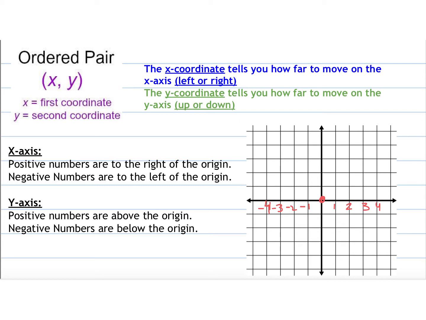Positive numbers are going to be above the origin, so 1, 2, 3, 4, and so on. Negatives are going to be down below, -1, -2, -3, -4. And again, the origin is (0, 0), so the x and the y value are both 0 at the origin. So the coordinate plane kind of goes along with a number line, thinking about right, left, up, down, things like that.